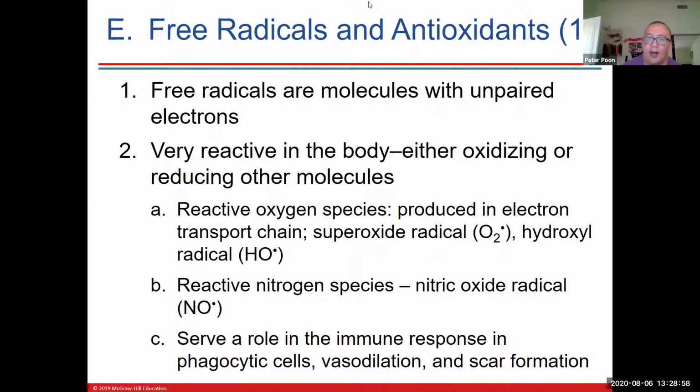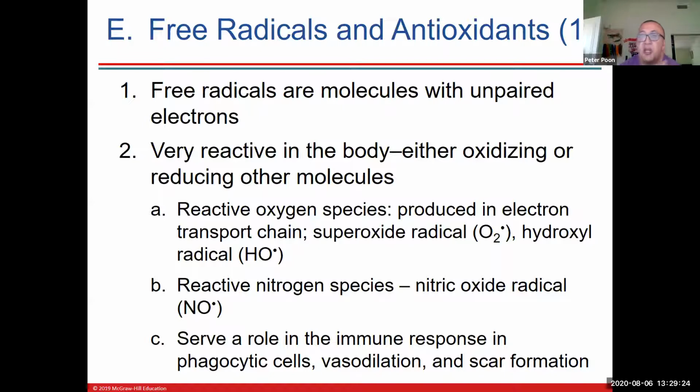The radicals indicated by the dot, these dots are single electrons that float free, and they tend to attack everything they attach to, so they can cause serious damage, especially if they attach to your DNA.